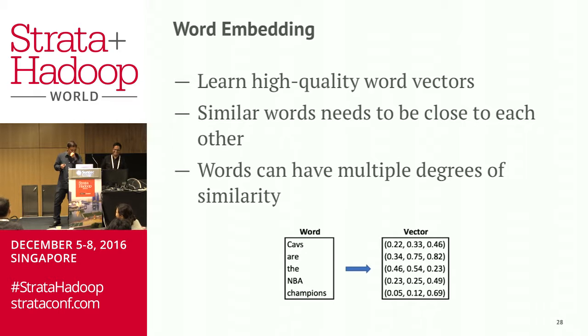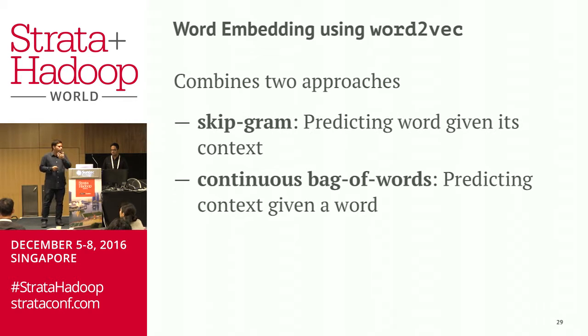The vector would look like this, right? So the idea is to map these words into a vector space where we measure the similarity between the words using this word vector. And one of the approaches to do this is word2vec, which combines two approaches, right?